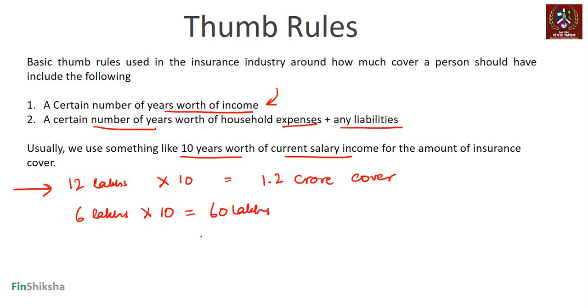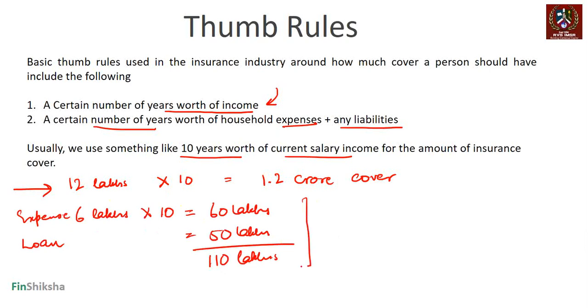And let's say there is a home loan. So that's the expenses. And there is a loan, a home loan of 50 lakhs. It's important to cover any kind of liabilities. So that's 110 lakhs or 1.1 crore. Using the second method, you arrive at 1.1 crore of insurance cover.